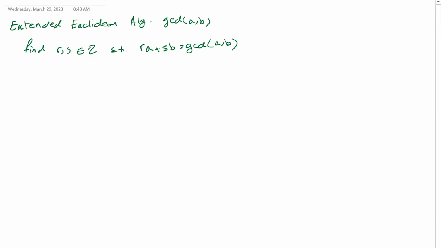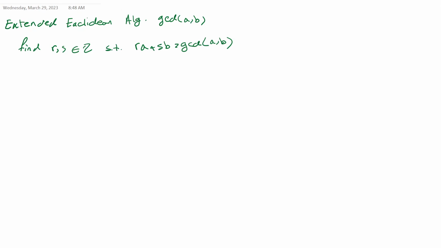So remember, we need to find some integers R and S in Z such that, suppose we want to find the GCD of A and B again, R times A plus S times B equals the GCD of A and B, okay? So now the goal is basically to find these integers R and S, not just to find the GCD.